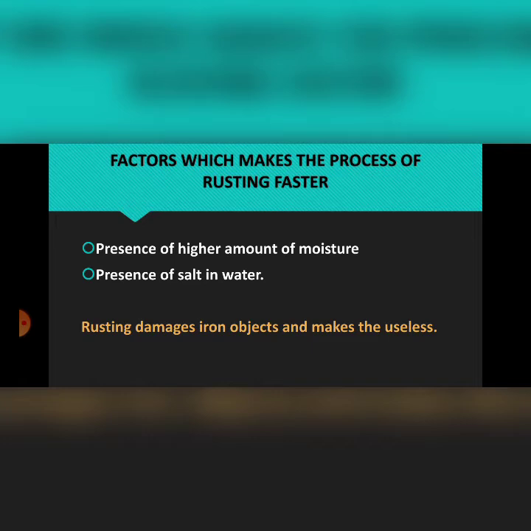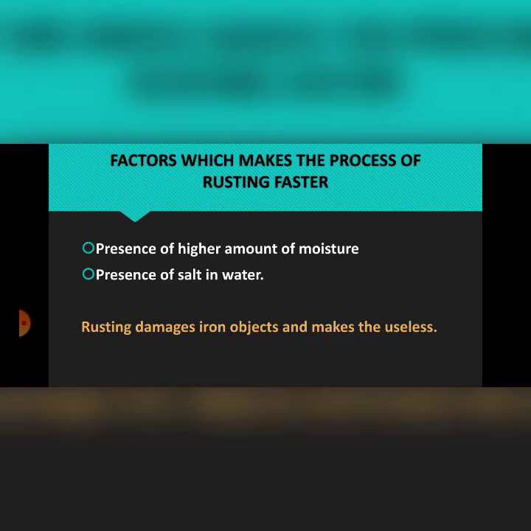First one is presence of a higher amount of moisture. As we know, the amount of moisture or water vapor in the air is not the same in all places. In some places there is more humidity or moisture present in the atmosphere, and in some places the presence of water vapor in the atmosphere is less. For example, take the difference between a coastal place and a desert.